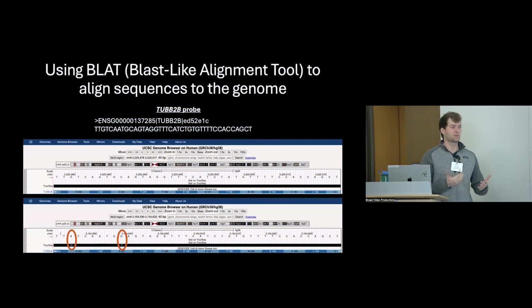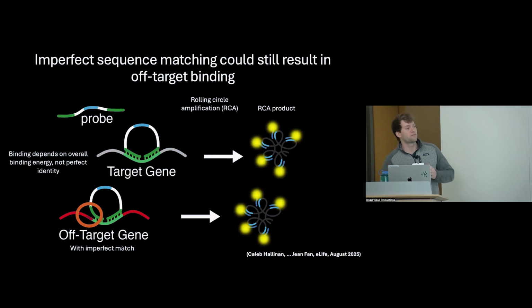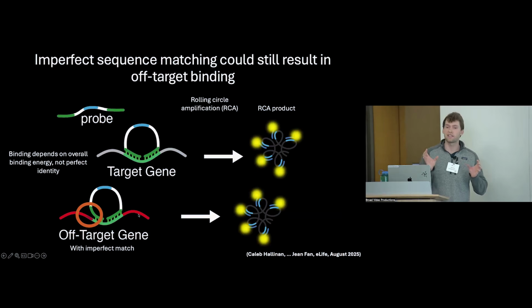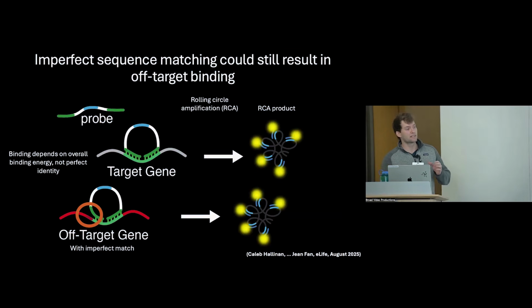They said yes, absolutely, this probe could still bind. Really what it comes down to is whether this binding can overcome the overall binding energy it needs to bind to the target gene. So it's not about perfect alignment. Even if there's a mismatch, especially on the terminal ends, which typically require less energy to bind, these probes can still bind to their target gene or these off-target genes.